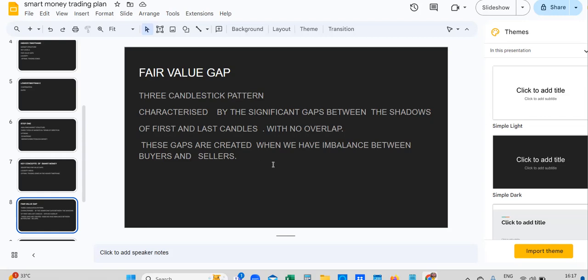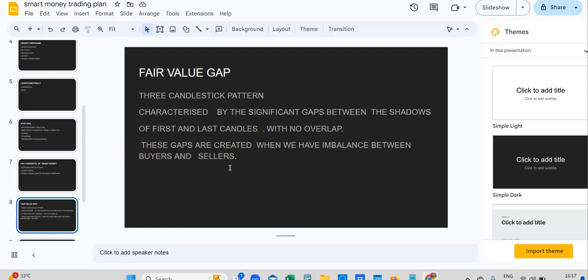These gaps are created when we have an imbalance between the buyers and sellers. Why are these gaps important? When you notice this imbalance in the market, price tends to come back to that imbalance area to balance itself. So identifying the fair value gaps is also very important in the smart money trading plan.